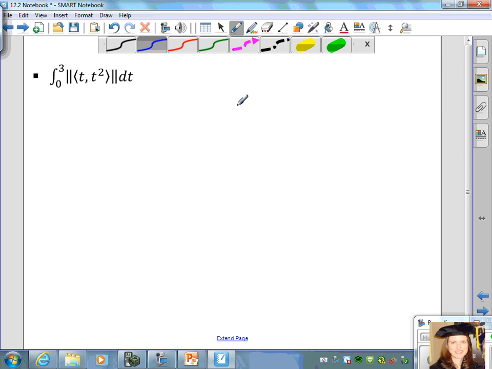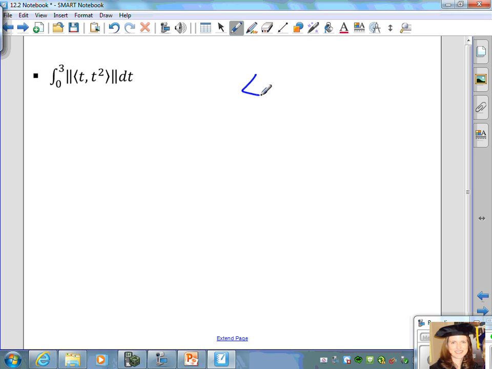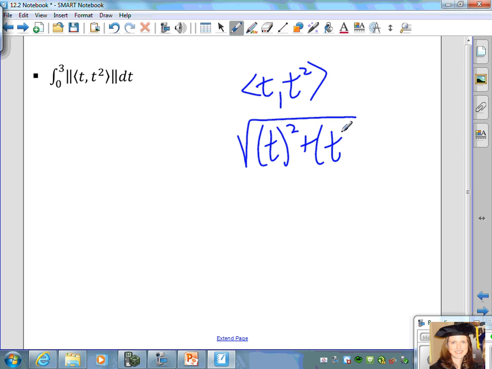Okay, to find this, if our vector is t comma t squared, we want to find the magnitude of that. And the way you find the magnitude of a vector is to square each of its components, add them together, and then take the square root. So it's going to be the square root of t squared plus t squared, quantity squared, and this simplifies to t squared plus t to the fourth.